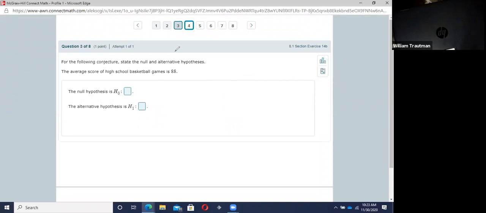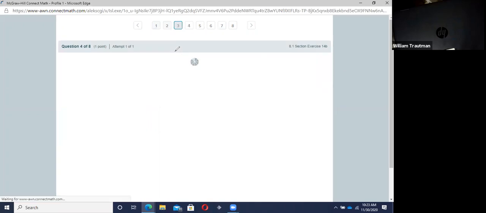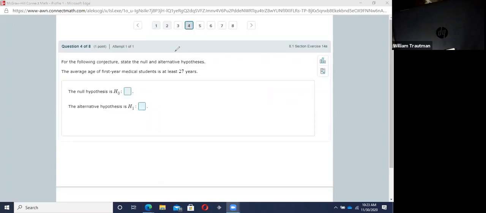Number 4. The average of the first year student is at least 27. Well, we know the first one has to be equals to the number, equals 27.